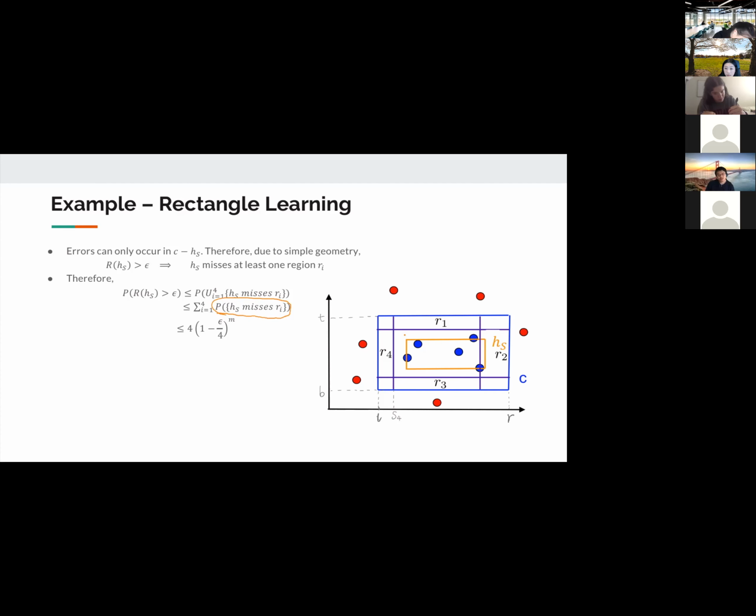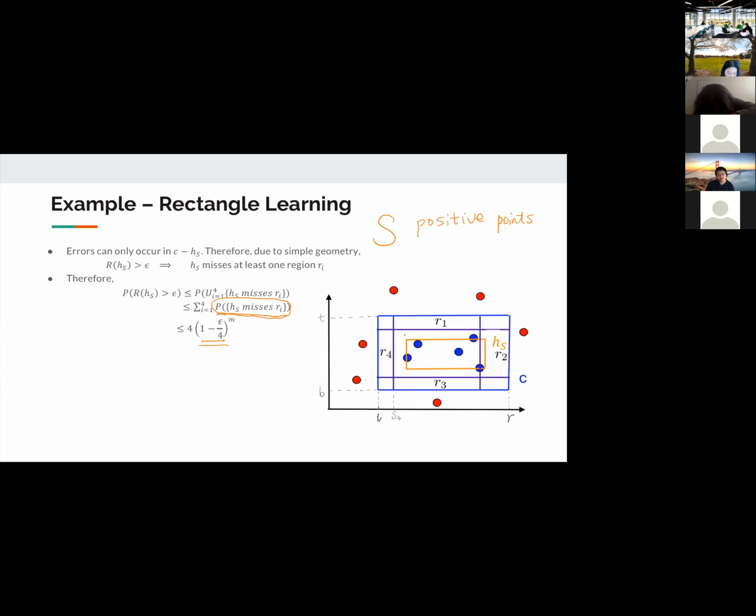This means that from the sample S, all the positive points will not be within this region, right? Any questions?